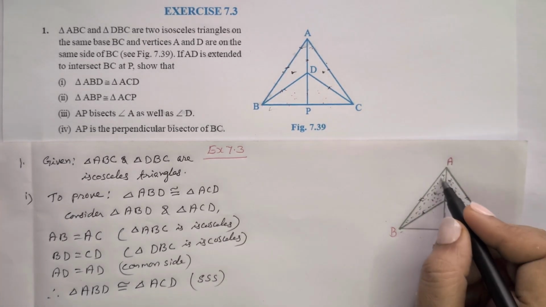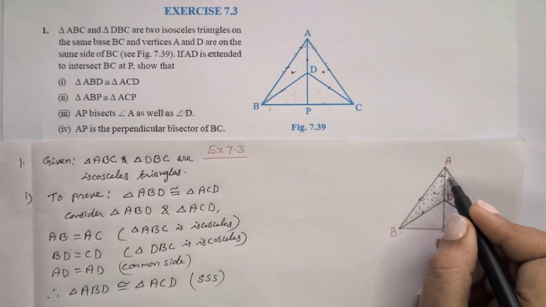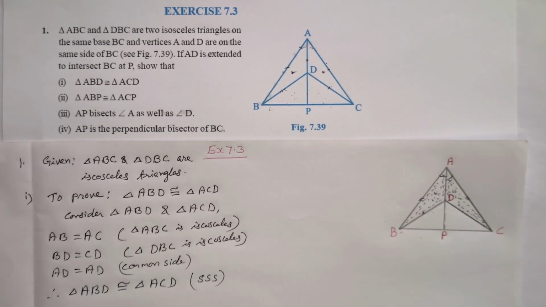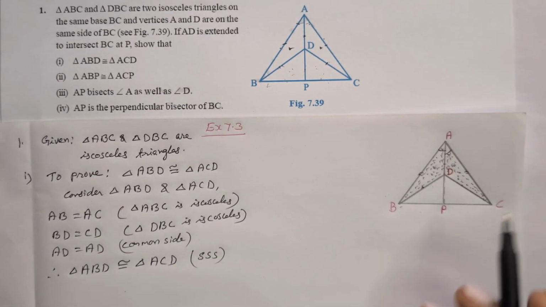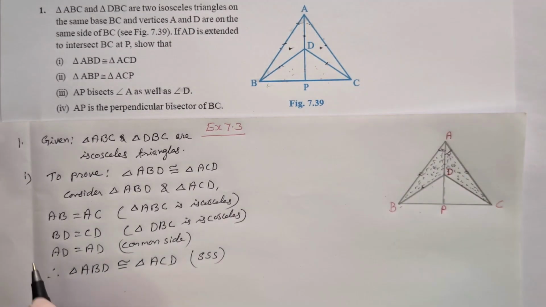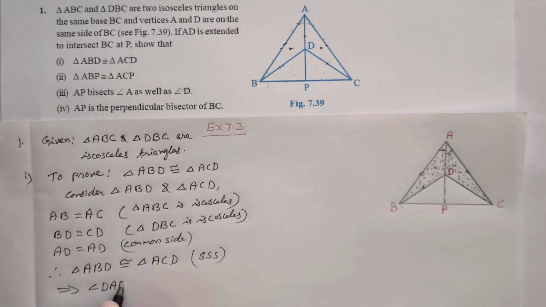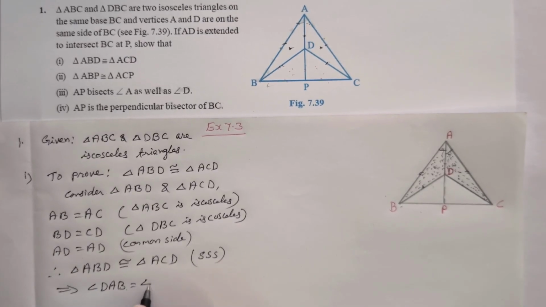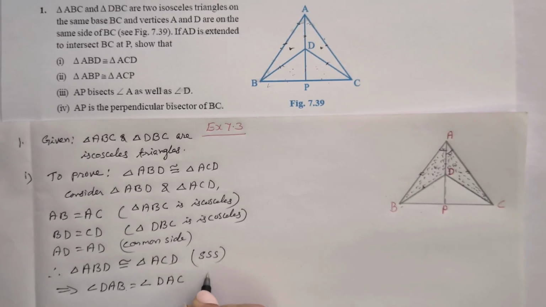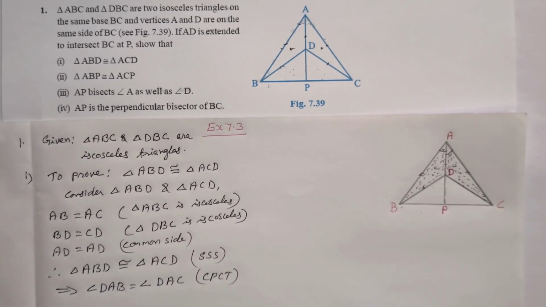From that we can take the CPCT. These two angles are equal. So we can write angle DAB is equal to angle DAC. That is CPCT, corresponding parts of congruent triangles.